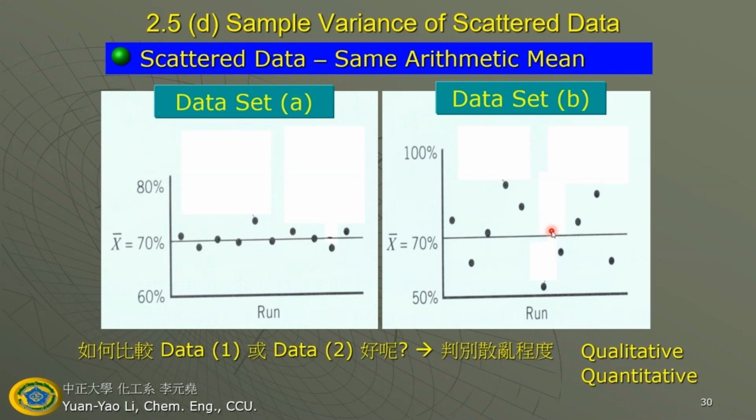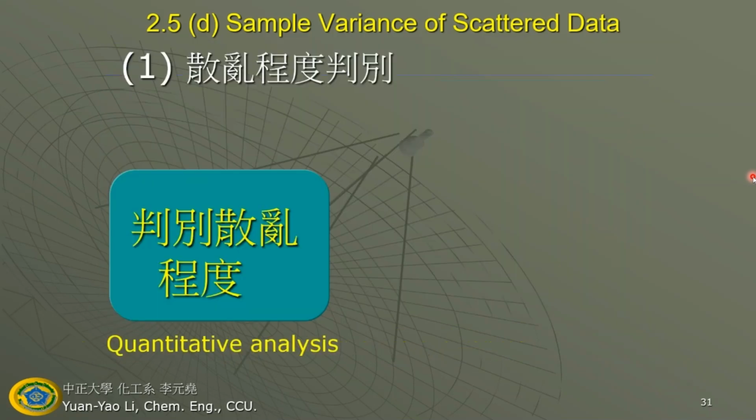So this is the quantitative answer we need to find out. Obviously, set A is better than set B, and we need to know how good and how bad set A or set B is. If you want to do the quantitative analysis, there are three methods.